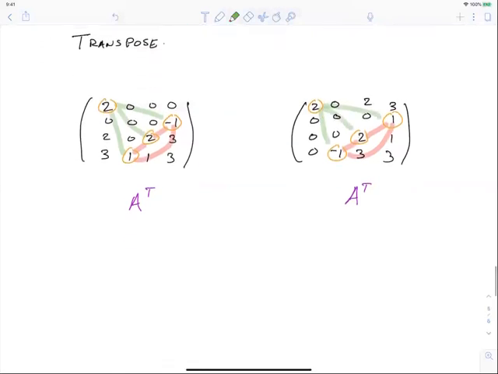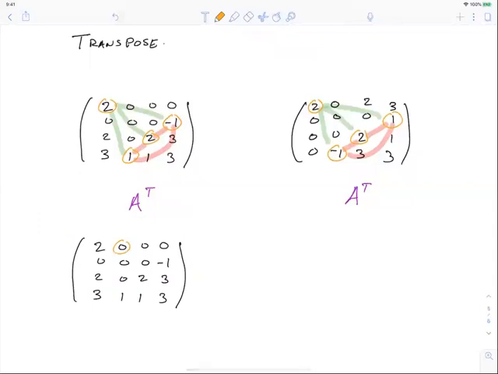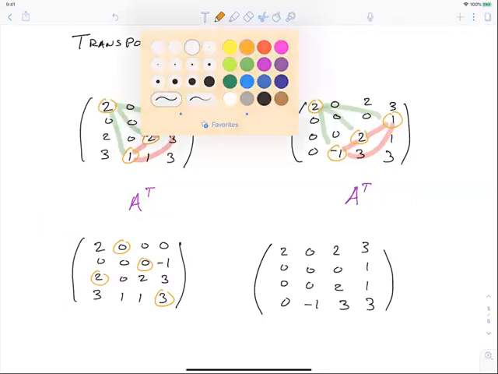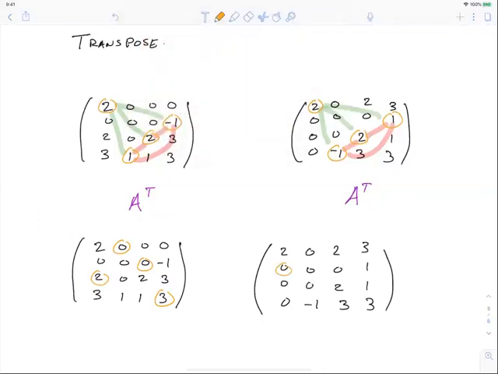This even holds if the pattern is not as symmetric. So for example, if we take a different pattern and apply the transpose of this, that same pattern is going to occur, but now it's not in the same places.